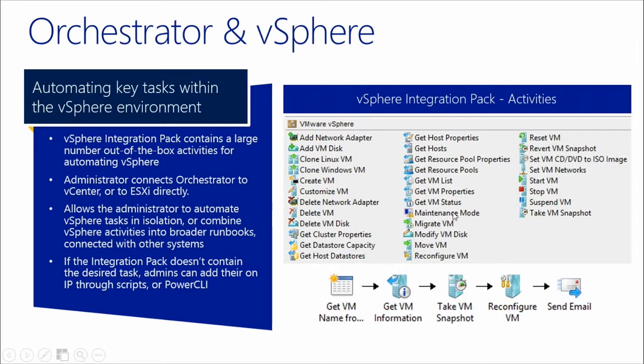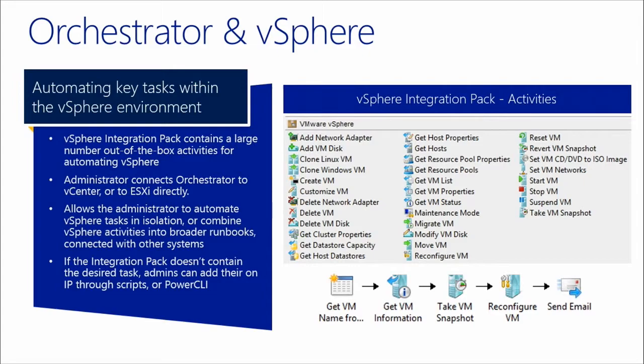We can also put things into maintenance mode. So if we want to start something like a patching cycle, ensure that we're not monitoring this host anymore while we're doing reboots, we're able to do that. We also have migration, so moving VMs through vMotion, modifying them, resetting them, and then some snapshot management, so we can take different states, different views of this particular snapshot.